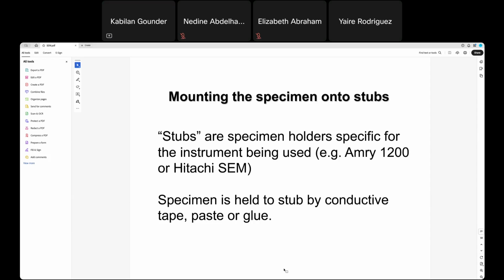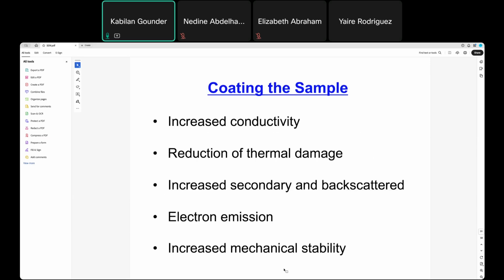Or we have a glue also. You can paste it, and then place the samples on the stub, and that will hold your samples. So now we are ready to go for coating your samples.